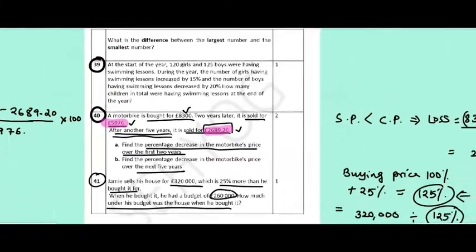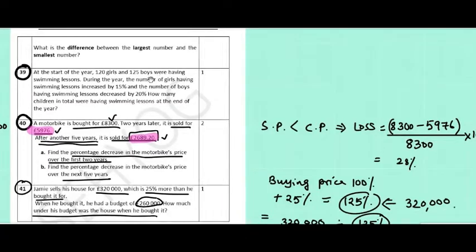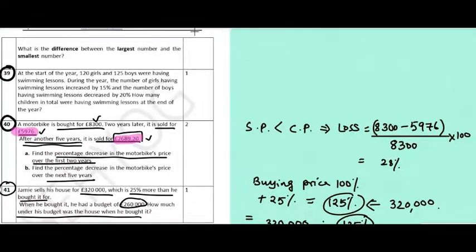Moving on to sum number 39. At the start of the year, 120 girls and 125 boys were having swimming lessons. During the year, the number of girls having swimming lessons increased by 15%.